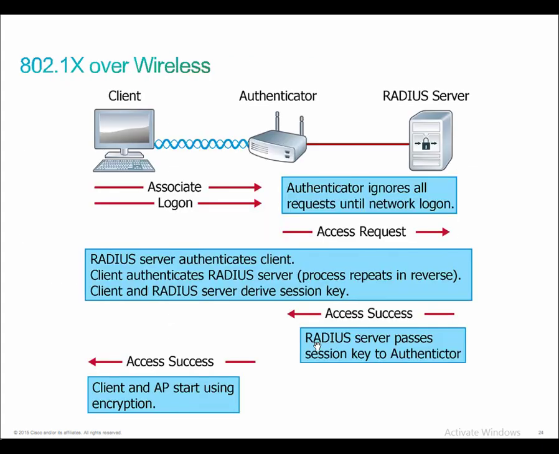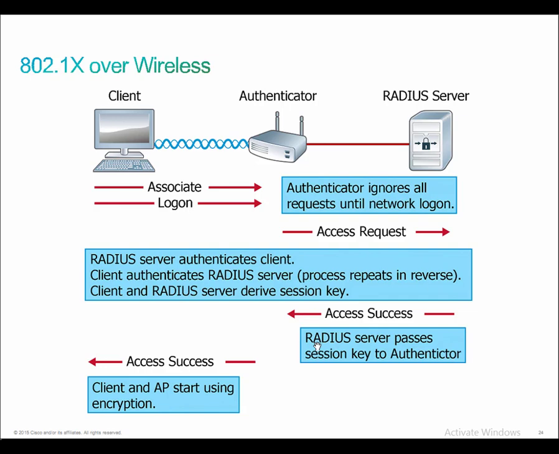What happens if the authenticator is a wireless access point? In this particular case, connecting to the authenticator represents 4 distinct steps of an open authentication process. We still start with open authentication.